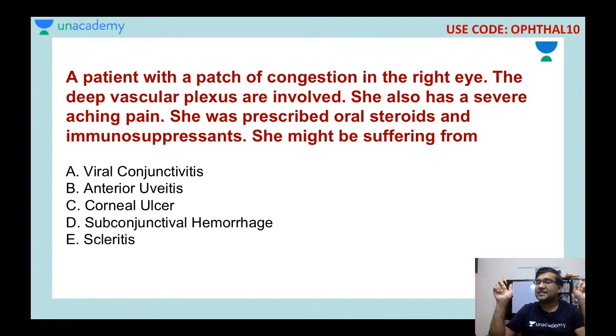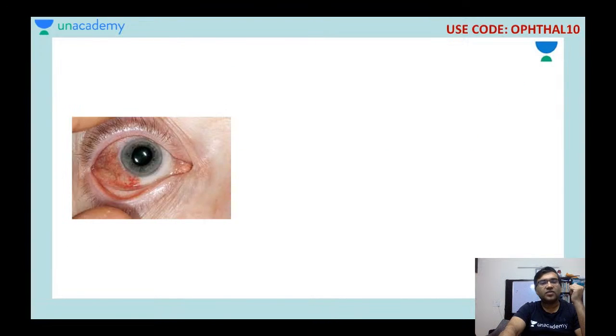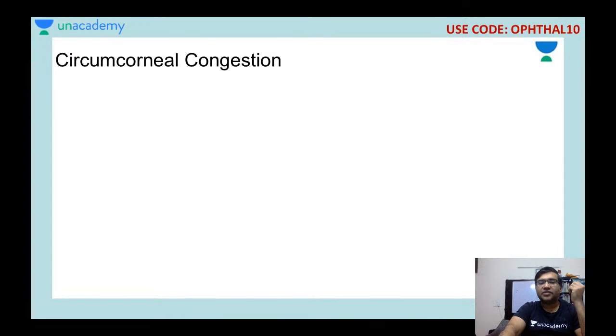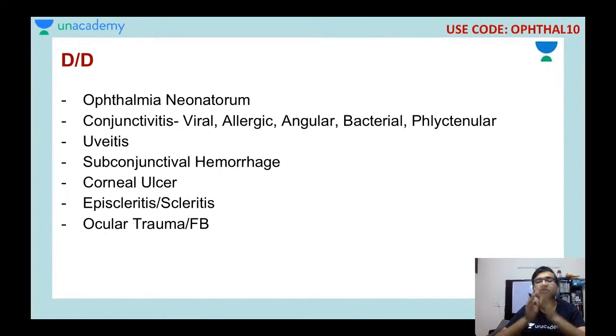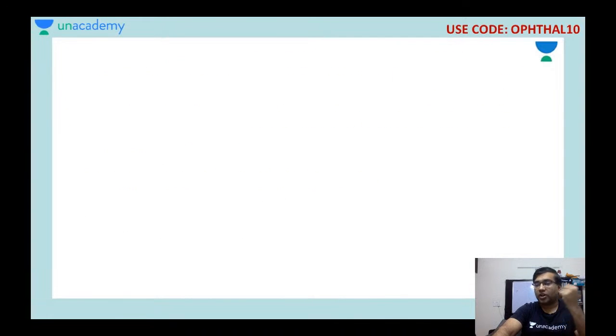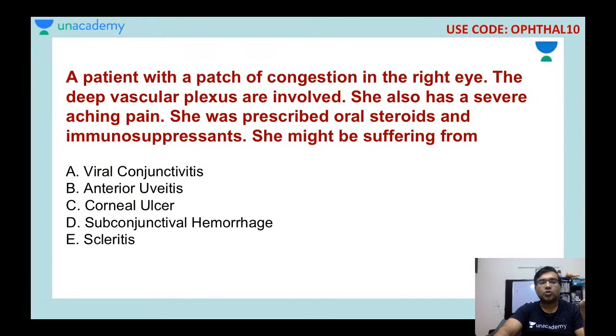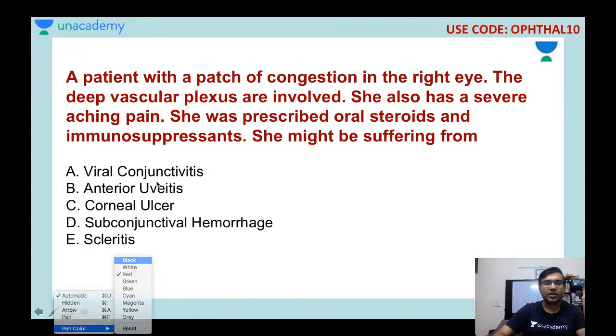Red eye is a sign, and there are lots of differential diagnoses. For those who joined late, the differential diagnosis of red eye can be ophthalmia neonatorum, conjunctivitis, uveitis, subconjunctival hemorrhage, any type of corneal ulcer, episcleritis, scleritis, ocular trauma, or foreign body. Okay, so let's come to the question. Diffuse congestion, deep vascular plexus is involved.